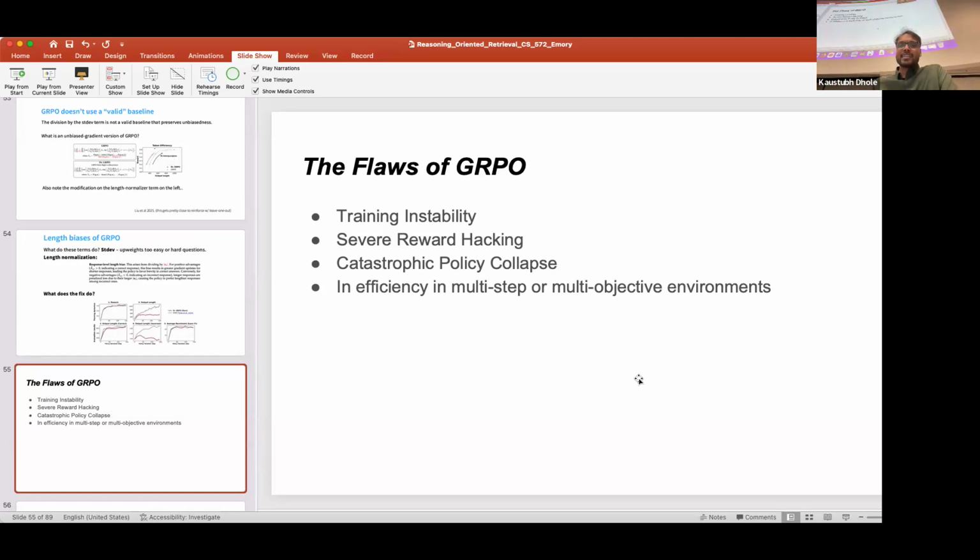So when we have a single reward function which essentially rewards the rollouts, we are not giving some more fine-grained information.